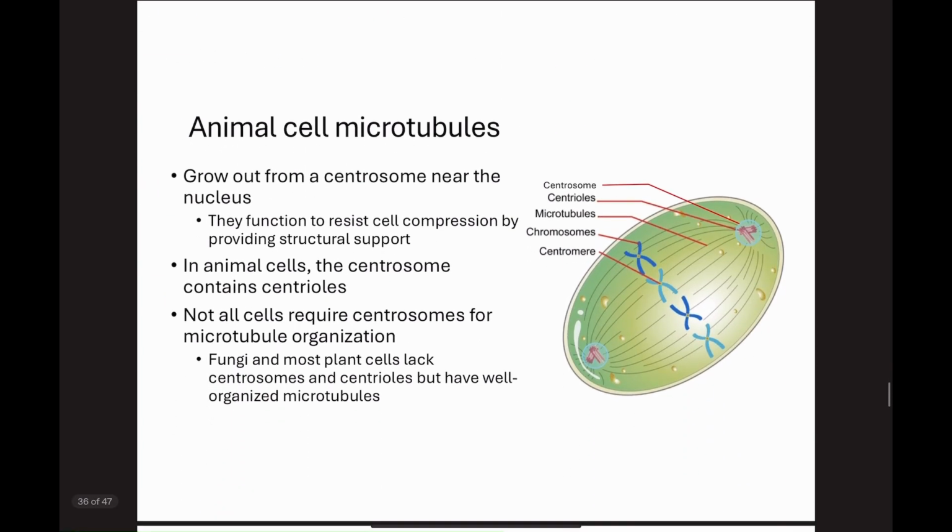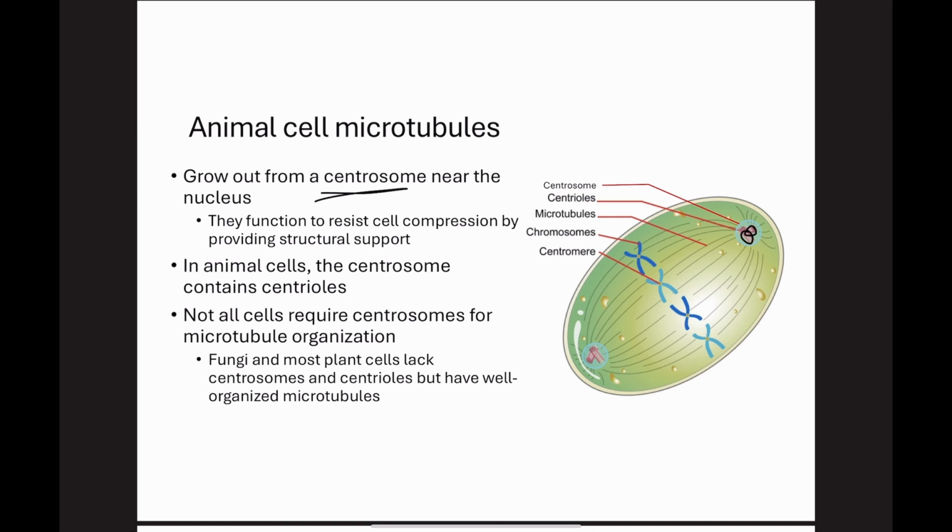So in a lot of animal cells, our microtubules are going to grow out of something called a centrosome. And that centrosome is going to be near the nucleus. And these microtubules are really good at resisting compression to the cell. So when the centrosome is a pair of centrioles, like we see here, these two red structures, they're going to each have these 9 triplets of microtubules that are arranged in a ring.